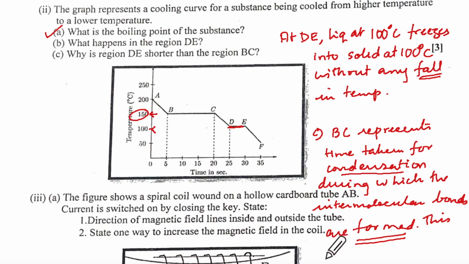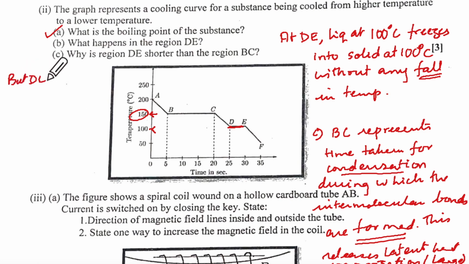This releases latent heat, correct or no? Latent heat of what? Vaporization, which is large. But during DE, what is happening? Freezing.